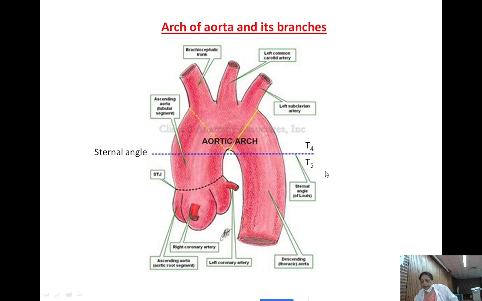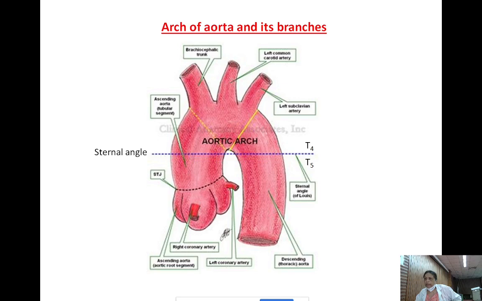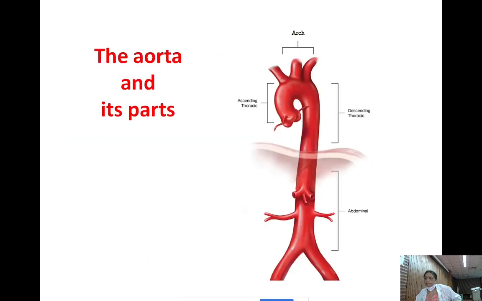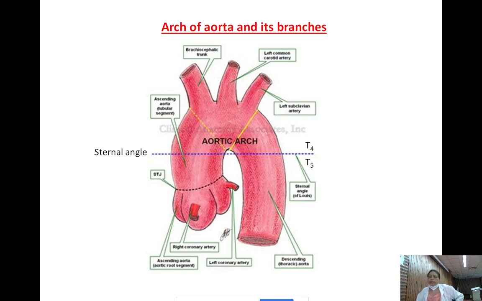Okay, now here you see this is the arch of the aorta. Here I have not kept the cusp, so that picture is not here. The sinus is between the semilunar cusp and the wall of the aorta. These are known as the aortic sinuses, so these three aortic sinuses are present.